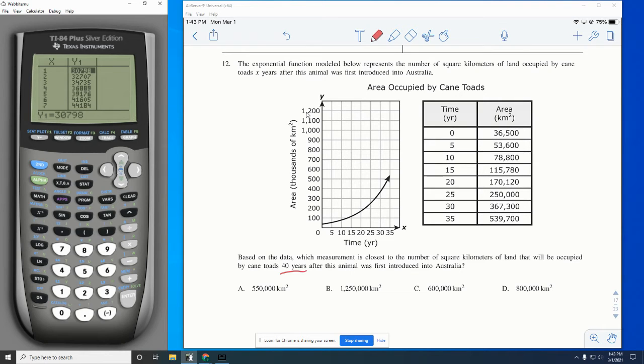So for 40 years, that's going to be an X value. So I'm going to try to find an equation and plug in that X value of 40 and find my Y value. So I'm going to go to Stat and Edit because I can see my graph here, but it's going to be kind of hard for me to predict where this is going. So I'm going to go ahead and plug in my table so I can get an equation to use.